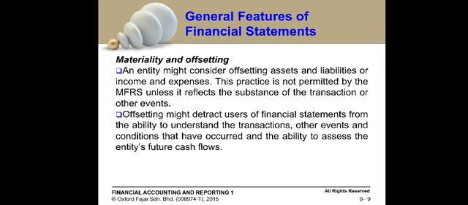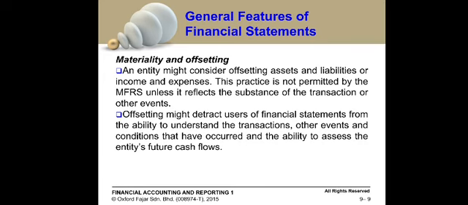Why do you show 10,000 only? Because you think that company A owes 50,000 to company B and company B owes 40,000 to company A, so the difference is 10,000. So you want to show only in the balance sheet that company A owes company B 10,000. That is offsetting. That is not allowed by the accounting standard. You cannot do that.